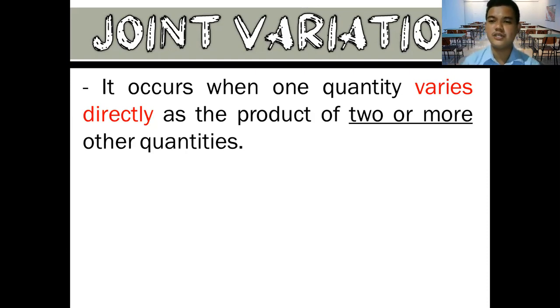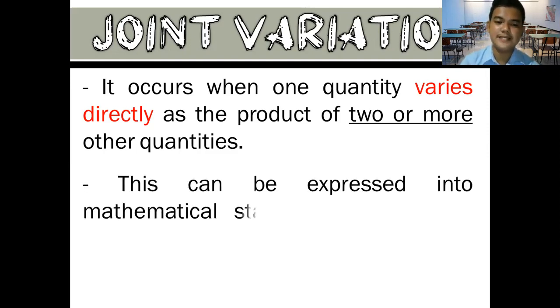So ang joint variation, ang involved nyo na is three or more quantities. Whereas if that one quantity increases, the product of the other two quantities also increases. Or on the other hand, kapag nag-decrease naman yon, magdi-decrease din yung product of two other quantities. So mamaya, we have some examples here.